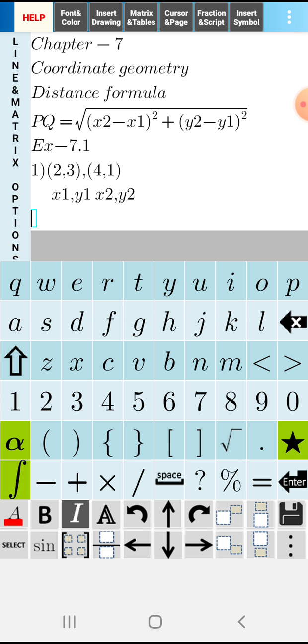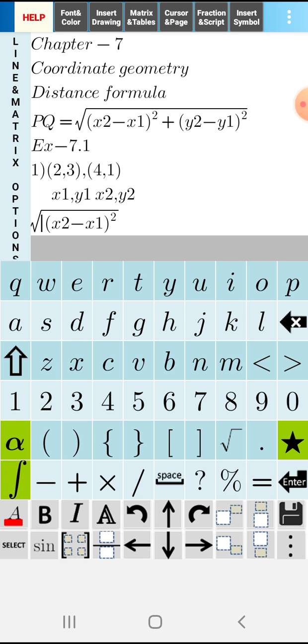Now let's put the distance formula, that is root of (x2 minus x1) whole square plus (y2 minus y1) whole square.